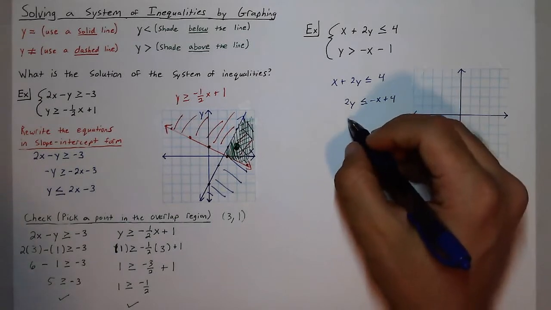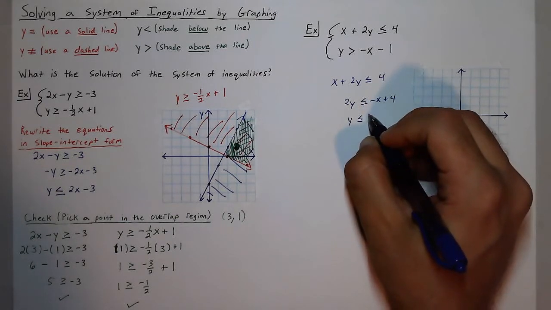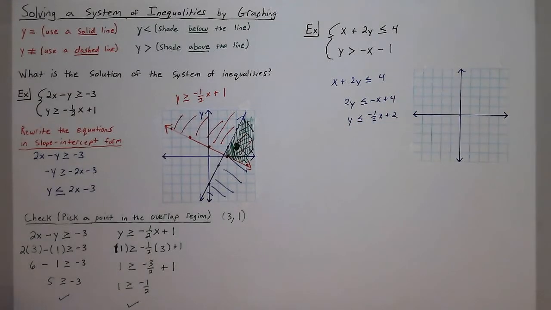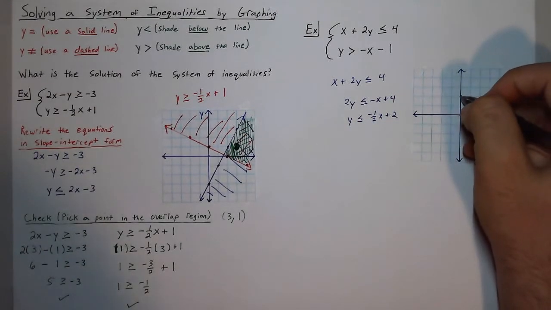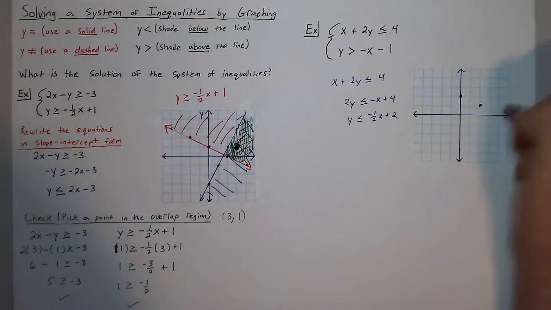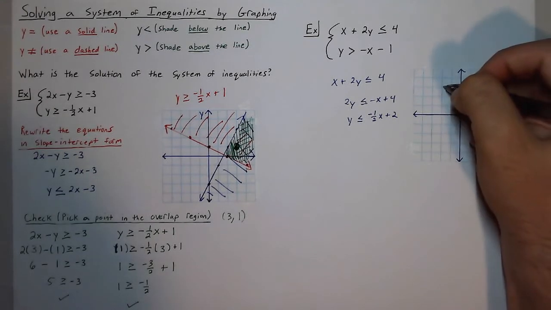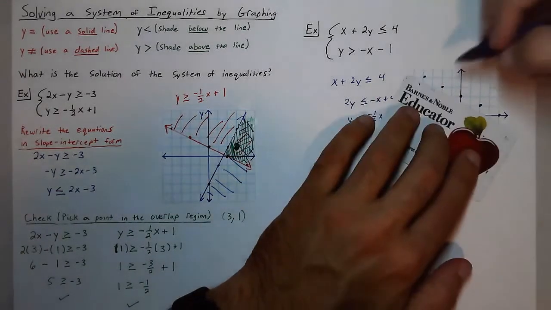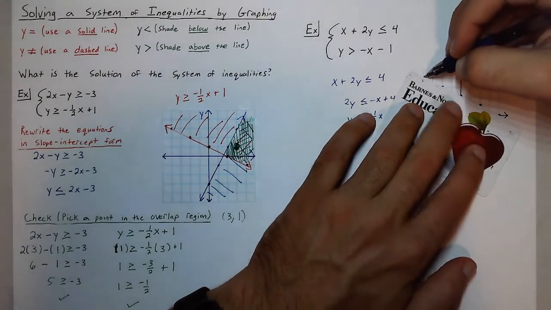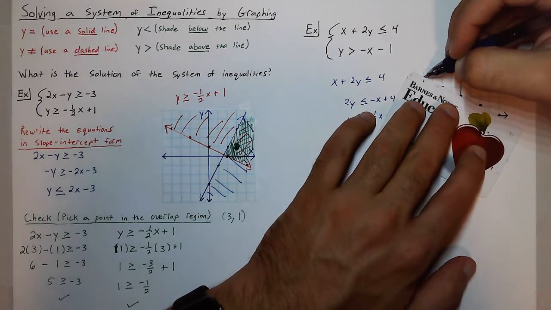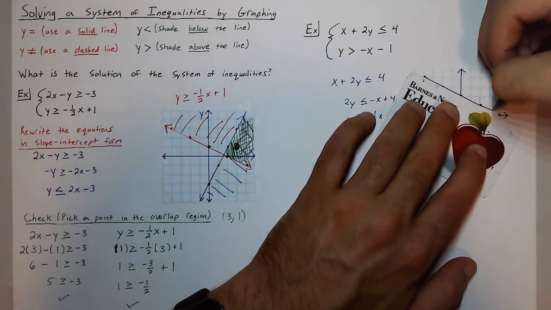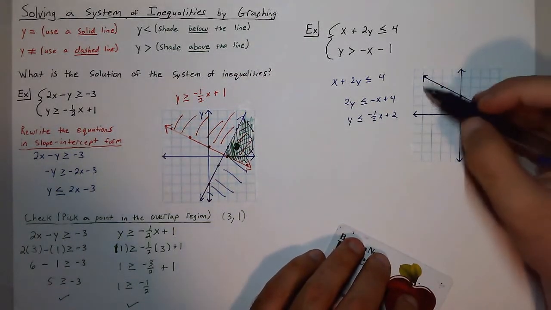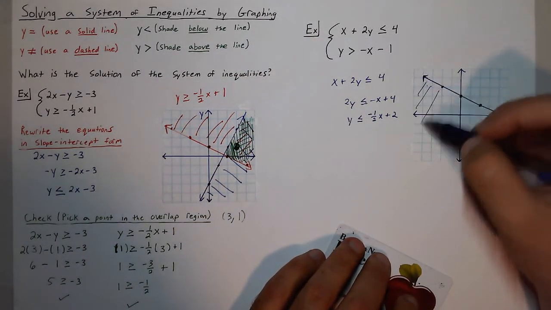I'll divide by 2, so y is still less than or equal to negative 1/2 x plus 2. So I have a y-intercept of 2, slope of negative 1/2. And I am less than or equal to, so it is a solid line. And being less than means I shade everything below that line.